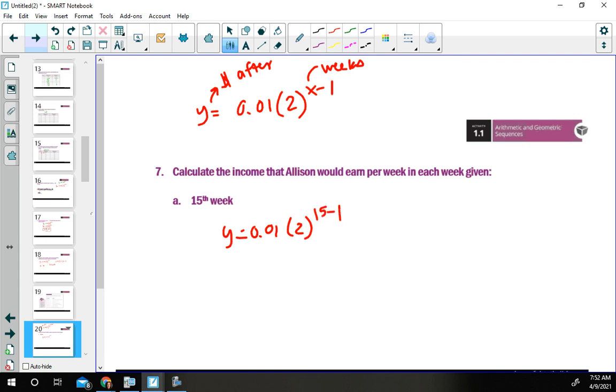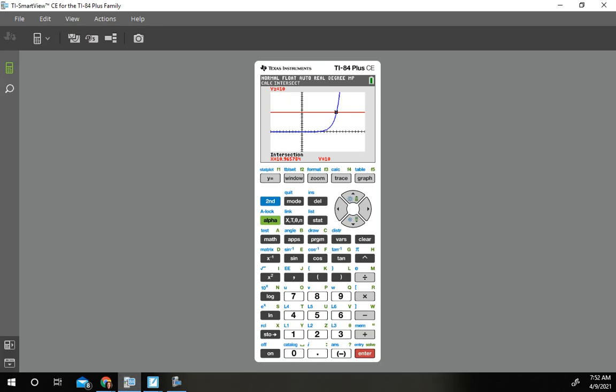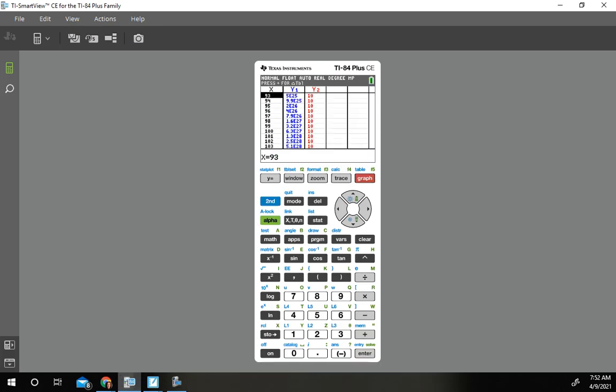Look at your table. If you look at your table value, I'm going to press second graph. You're going to get all the way up to 15, so I'm going to actually cheat a little here. I'm going to look at my table set, and it's set me to 15 here. Okay. If I scroll over, it will give me my exact amount of money on my 15th day, so $163.84.